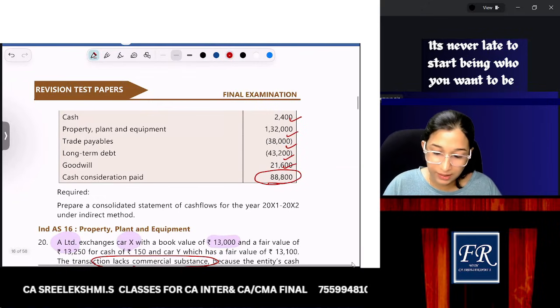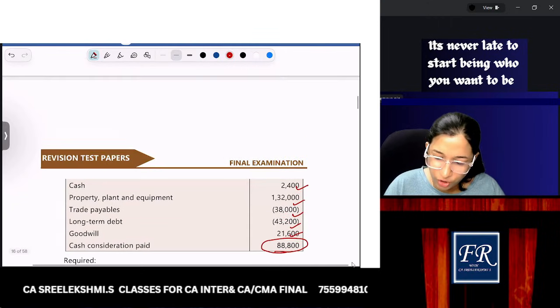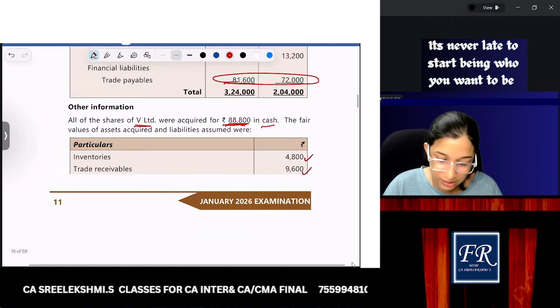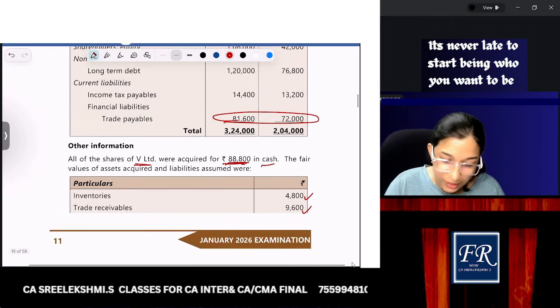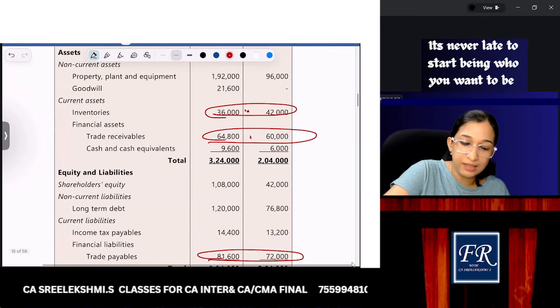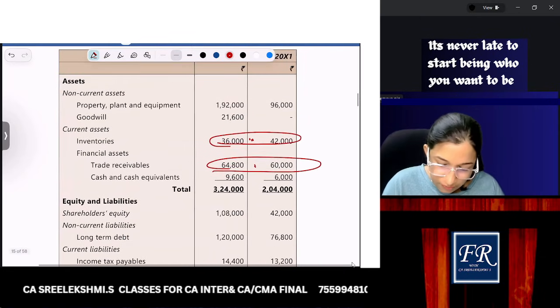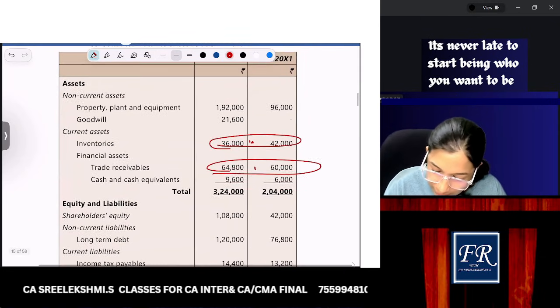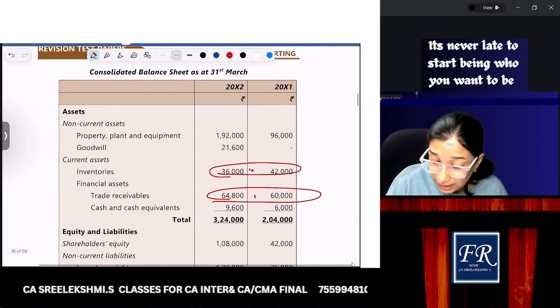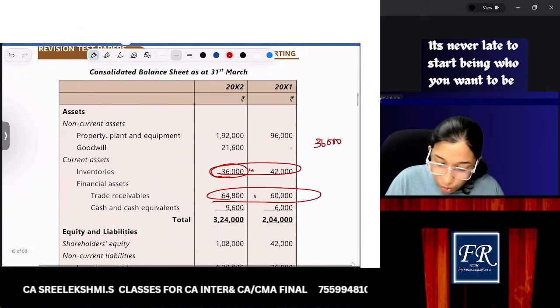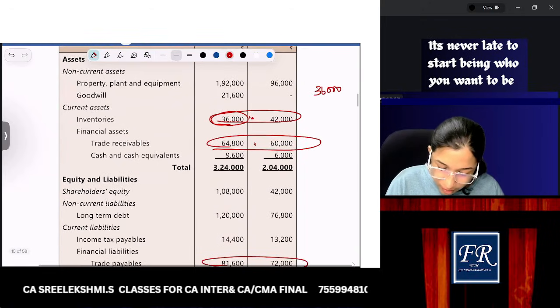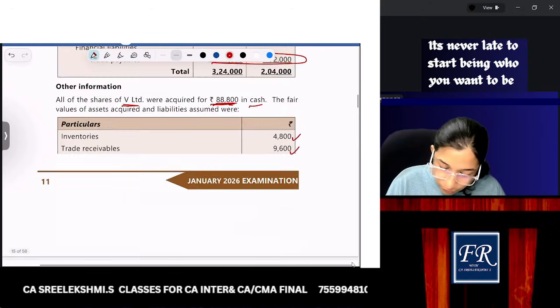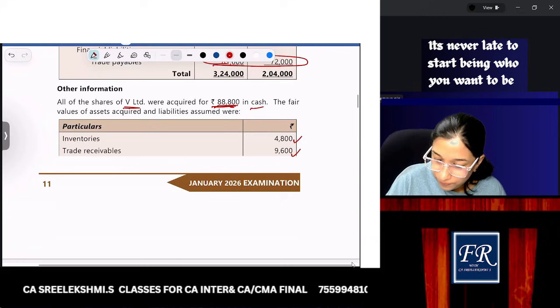Prepare consolidated cash flow. So what should I do when I take the working capital changes? Working capital, I'm taking trade receivables. The current year inventory is 36,000. That includes inventory which I acquired, 4,800.